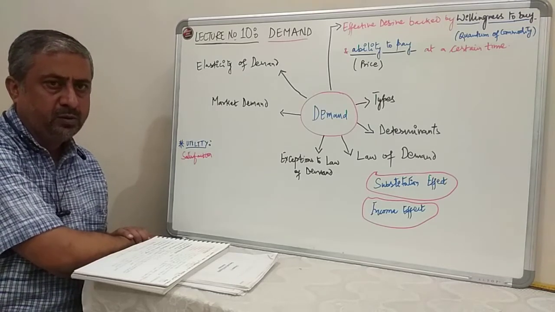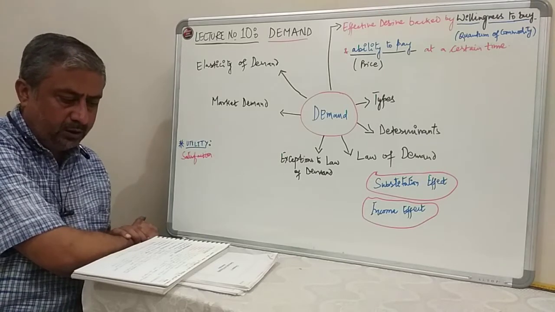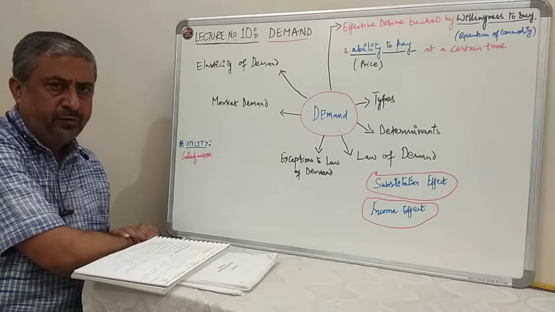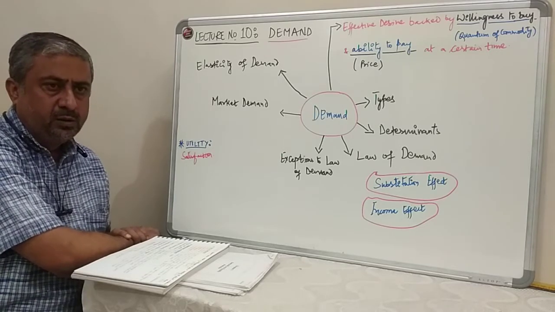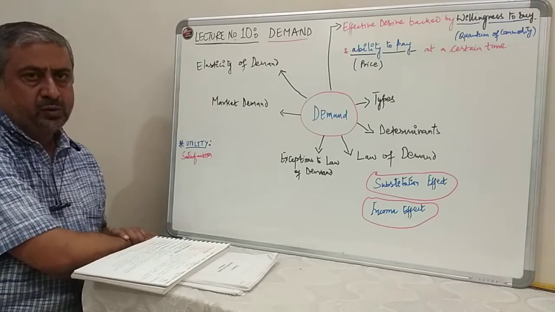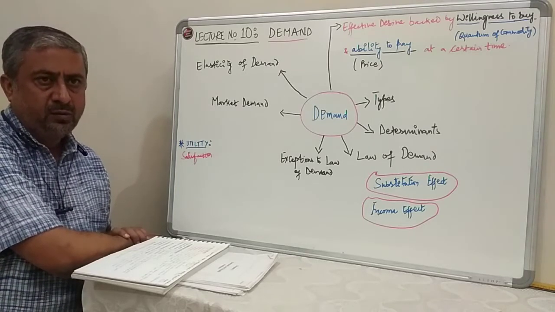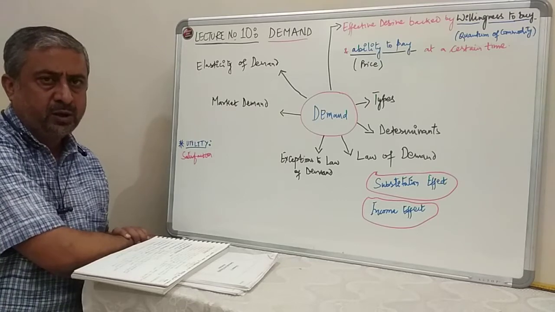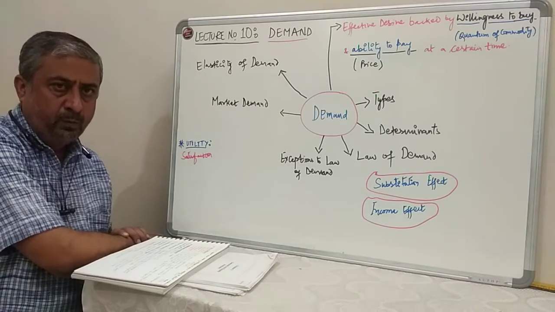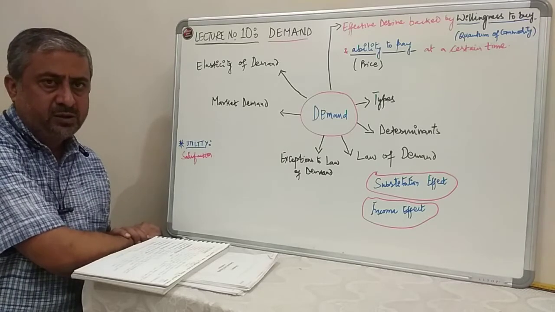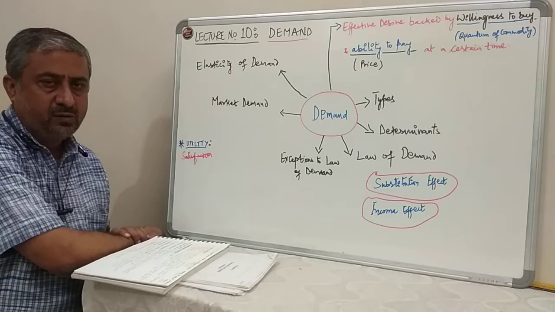Like for example, if there is demand for soft drinks, then definitely there is going to be demand for juices also, because if you have a product which competes with that, that means the product is not the same, but it is similar in nature.